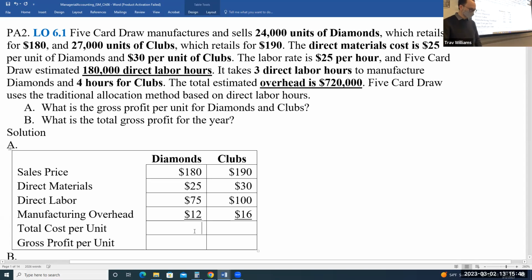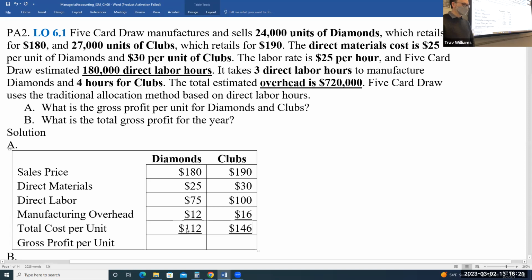112. How did you get that, Alec? There you go. Just add the direct materials, labor, and overhead. Notice we are not adding the sales price because that's not a cost, right? So direct materials, direct labor and overhead gives us 112. Over here, that's 146, right? And then for our last step, how do we figure out our gross profit per unit?